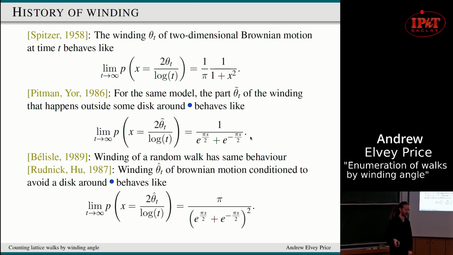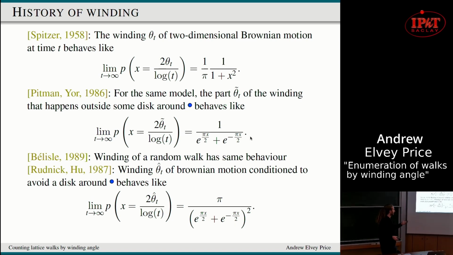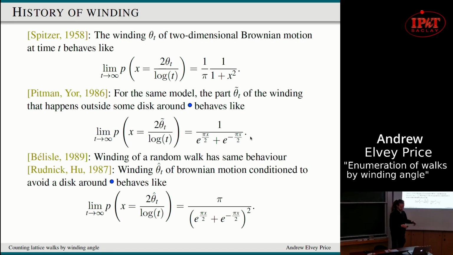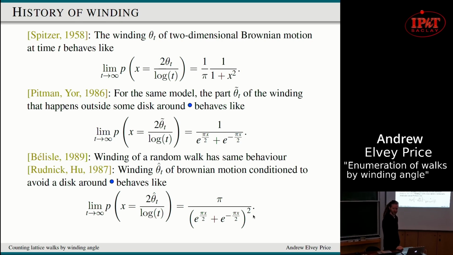Okay, and so then finally, the arguably more physical model is where you say, well, if you're winding around the rod, then you can't pass through the rod. So let's condition the walk to not pass through the rod. And in that case, we again have the same log rescaling, but a different limit value.